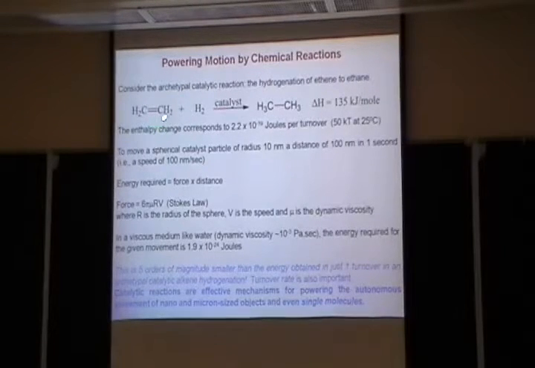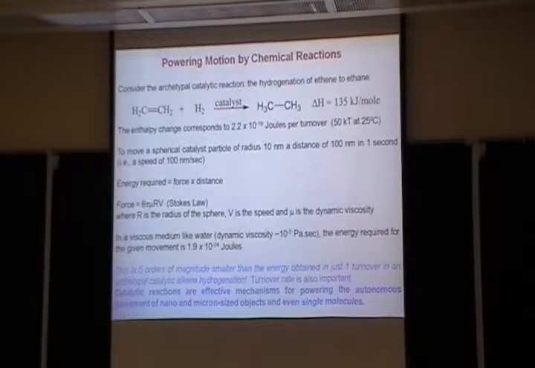So per molecule, this is one catalytic turnover. One turnover is a conversion of one molecule. And there are 6 times 10 to the 23 molecules in a mole. For one molecule, that's the energy that you get out. Now it suddenly dawned on me that I'm talking to physicists, so I converted that into kT last night. So let's say you want to move a particle 10 nanometers in diameter, about 100 nanometers in 1 second.